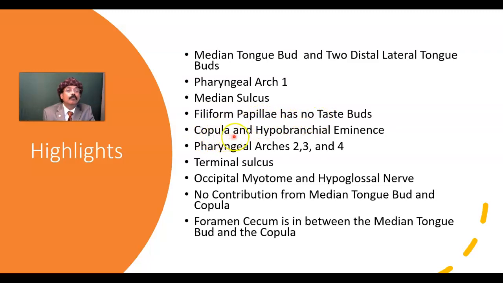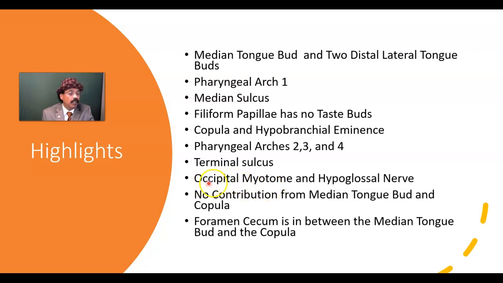Okay. The copula and hypopharyngeal eminence initially attempt to contribute to the posterior 1/3 of the tongue. Eventually the copula will disappear, and the hypopharyngeal eminence is the contributor to the posterior 1/3 of the tongue. The terminal sulcus is the junction between the anterior 2/3 and the posterior 1/3 of the tongue. The occipital myotome contributes the tongue muscles except palatoglossus, which is innervated by the vagus nerve.